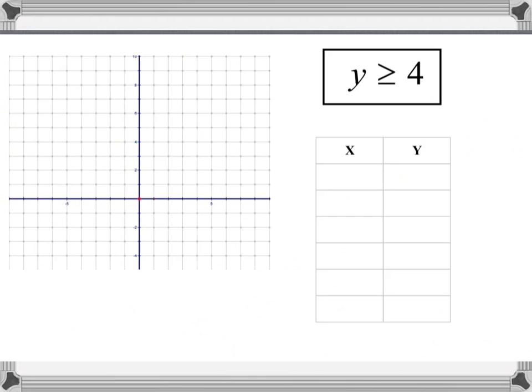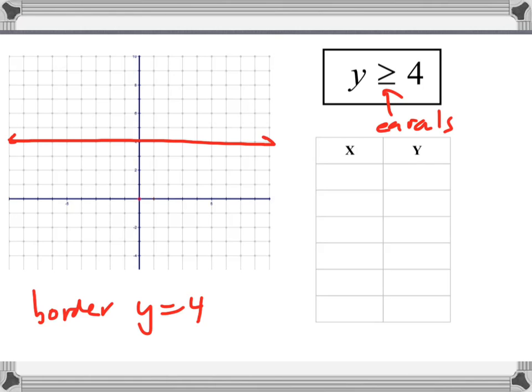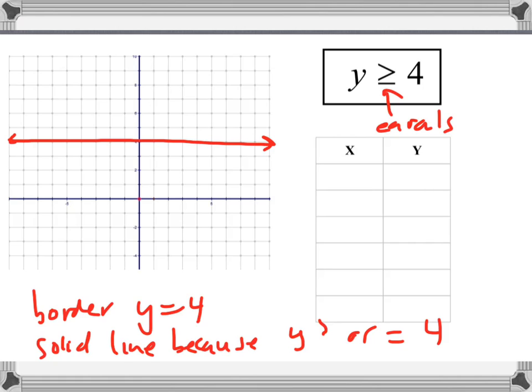Now likewise, if I go to y is greater than or equal to 4, now I have this equals. So my border is still the line y is equal to 4, so I'm going to draw that line. Now I made it a solid line because y is greater than or equal to 4.